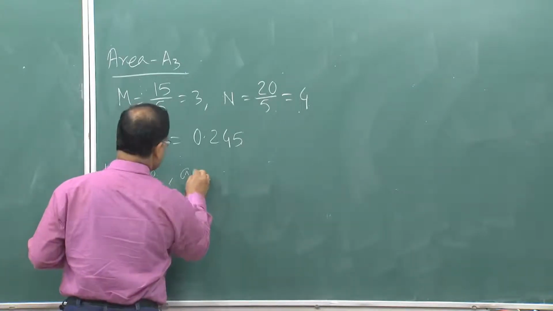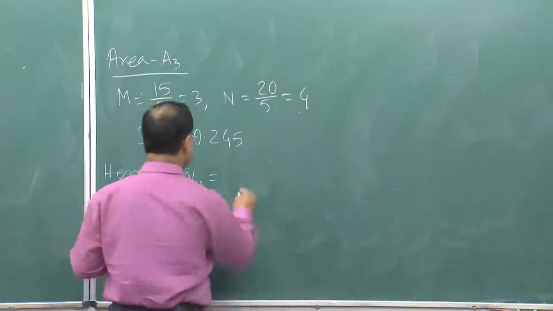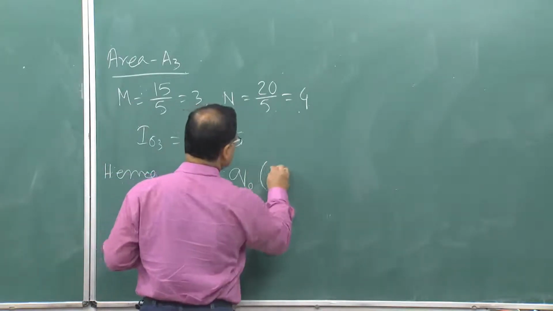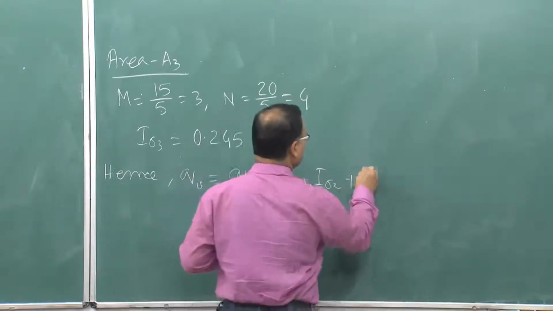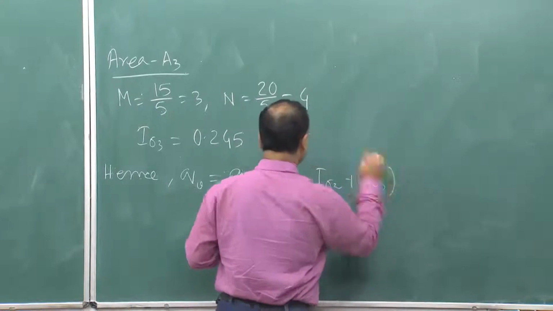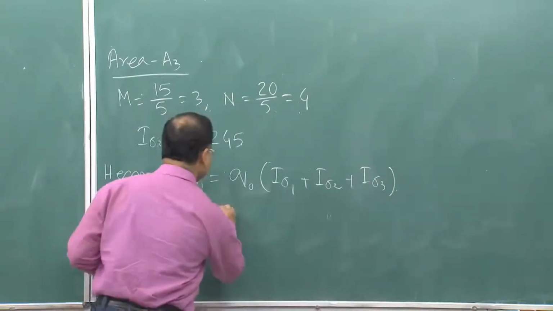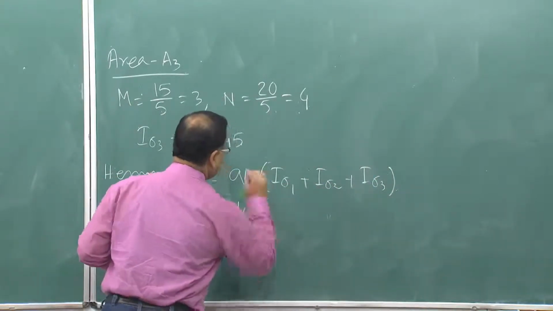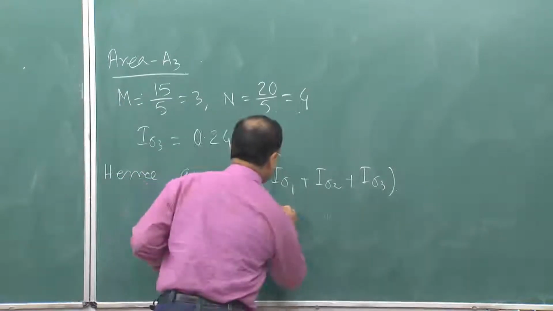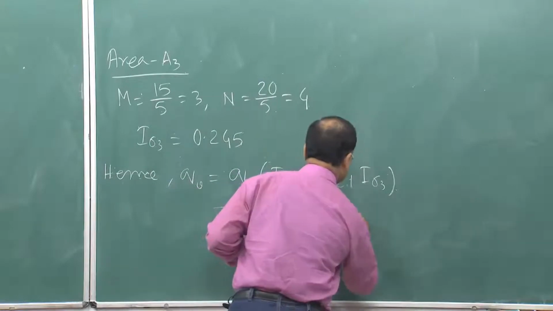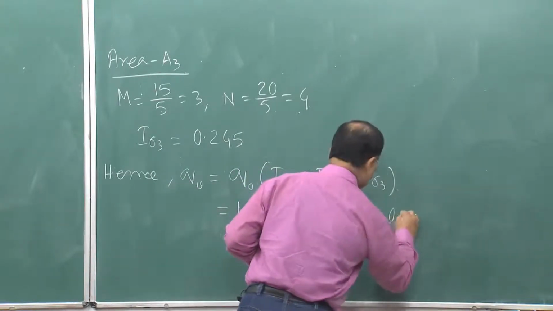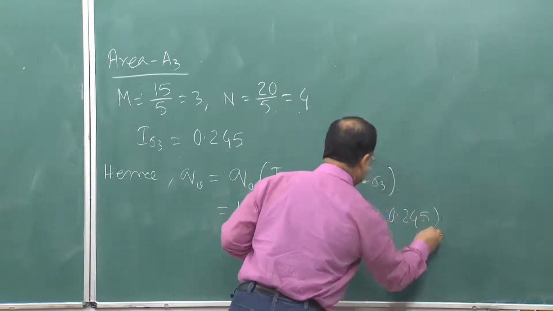Therefore, hence your QV is equal to Q naught into I sigma 1 plus I sigma 2 plus I sigma 3. What is the value of Q naught? That is given in the problem, 100, into 0.232 plus 0.238 plus 0.245.